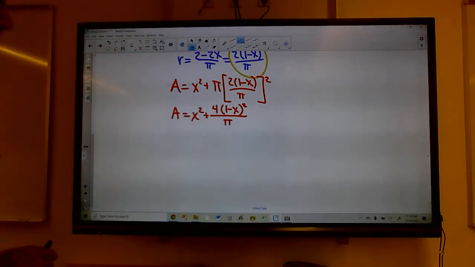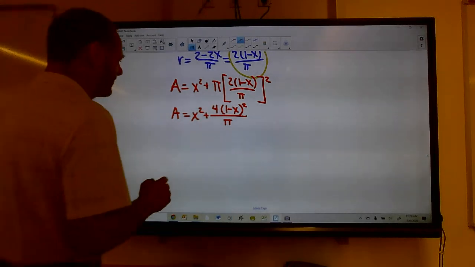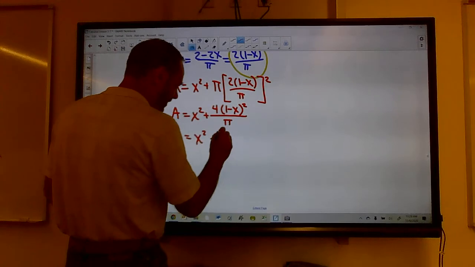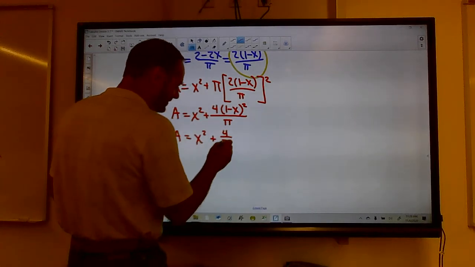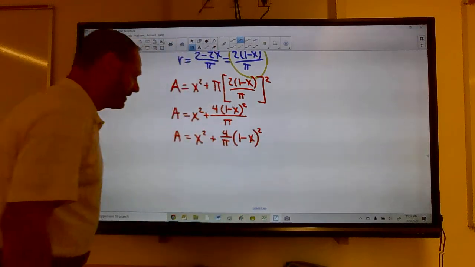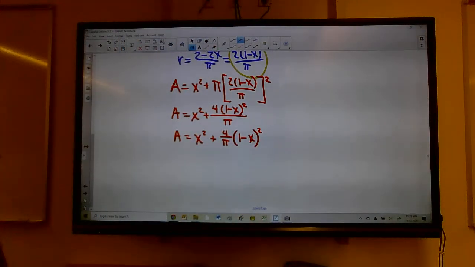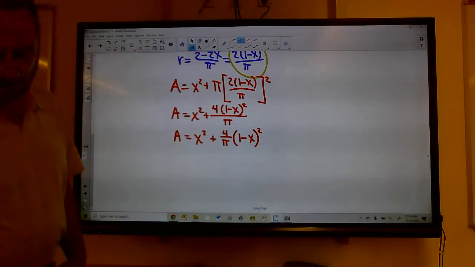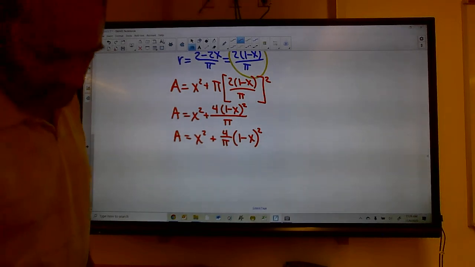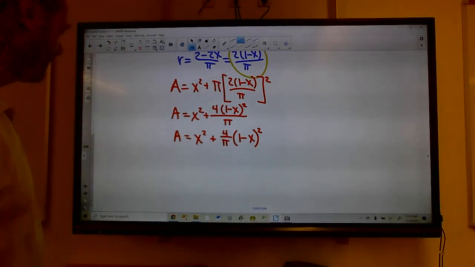Now I think I'll rewrite this a little differently. I call it x squared plus 4 over pi, because that's just a constant, times 1 minus x squared like that. Now I got to take the derivative of this thing.